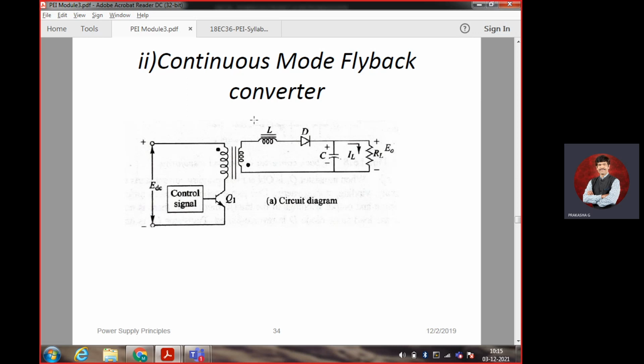The flyback converter operates in continuous mode if the converter is operating on full load and if the supply voltage is minimum. That is also one point.